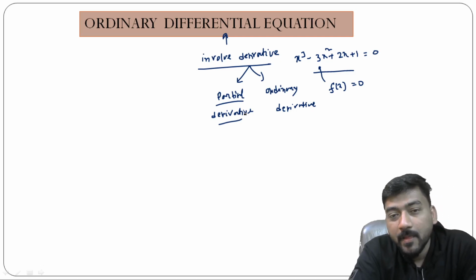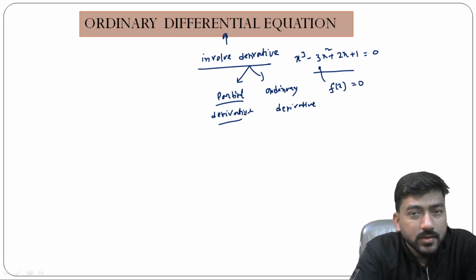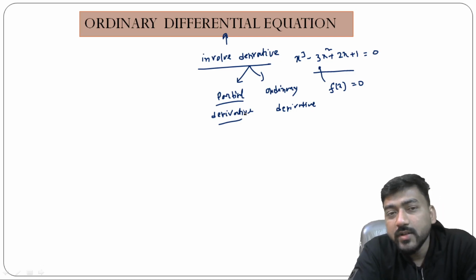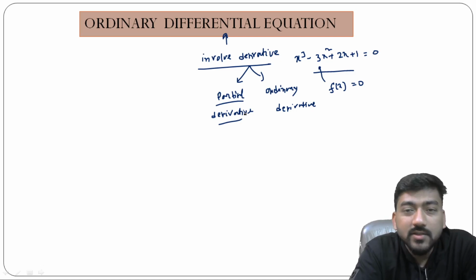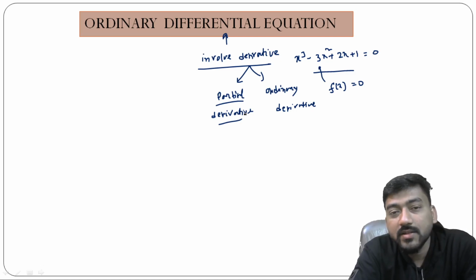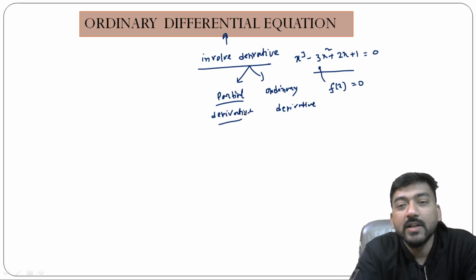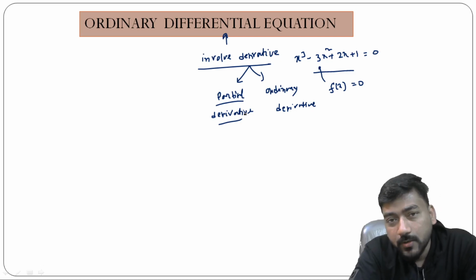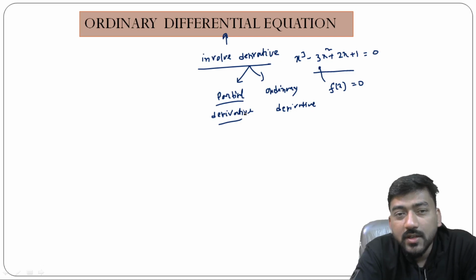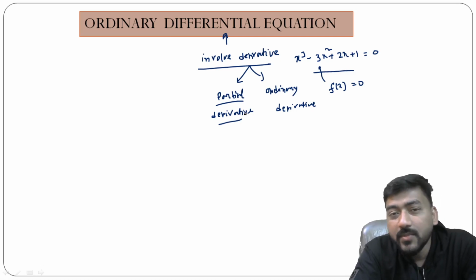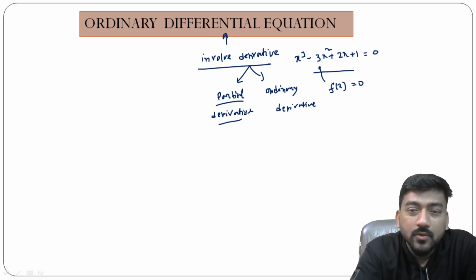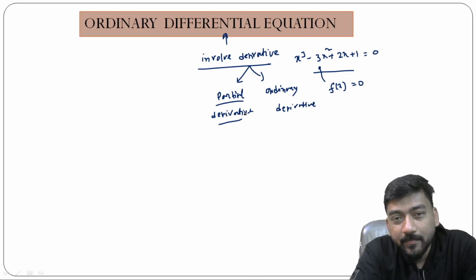Now let me tell you why physics students need to study this kind of topic of mathematics, ordinary differential equation. There is a huge importance for physics students, because in almost every branch of physics we need to solve differential equations.